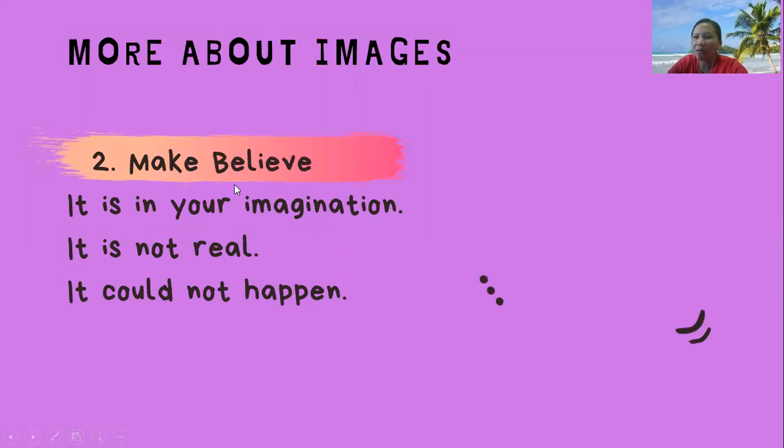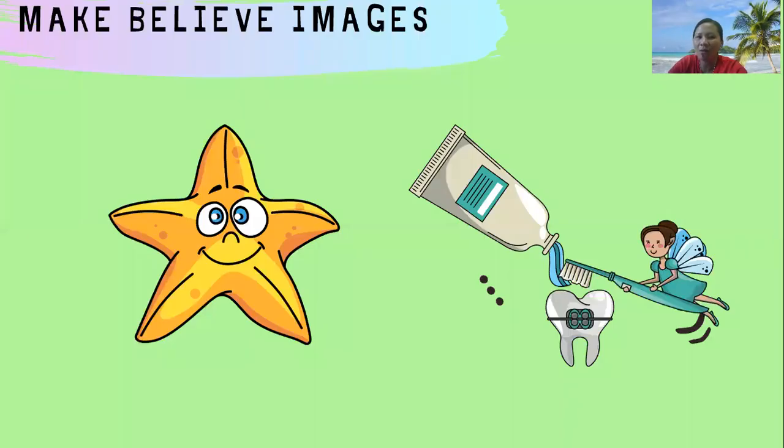We have here the next one, which is the make-believe. If it is a make-believe, it is just your imagination. It is not real, and it could never happen in real life. Okay, take a look at this example. We have here the starfish, and the starfish here has 2 eyes, 1 nose, and a mouth.